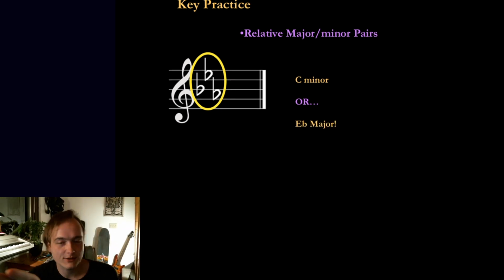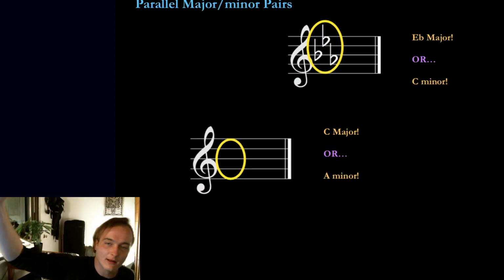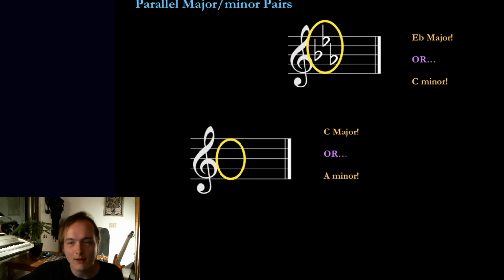The answer to this question, if there's no more information, no music or anything, it's just what key signature is this, is always going to have 2 answers. It's going to be either the major key or the minor key that share that DNA, that share that collection of notes, the relatives. Now, just to review our other relationship, we had parallel. Parallel major and minor pairs were more like C minor and C major.